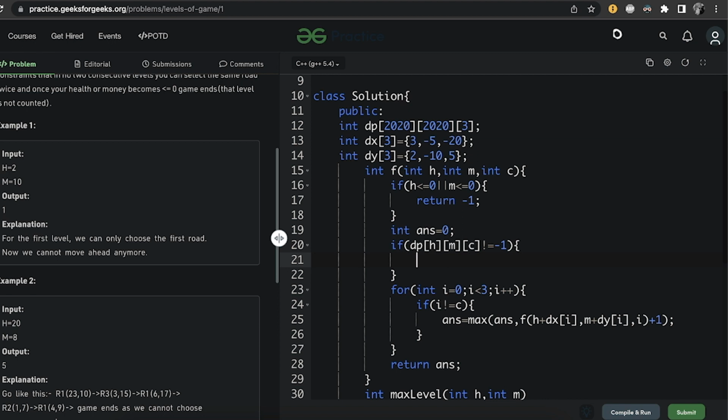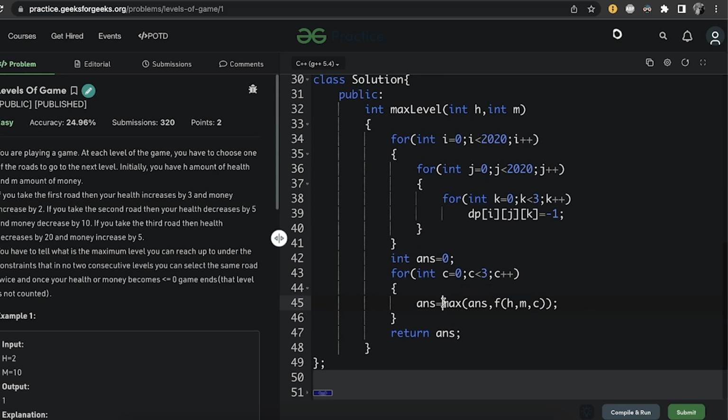If it is not having the value -1, that means it has already been calculated, so we would simply return dp of h, m and c itself. And if we are coming down, that means the value is not calculated. So just before returning, save dp of h, m, and c equals the value answer.